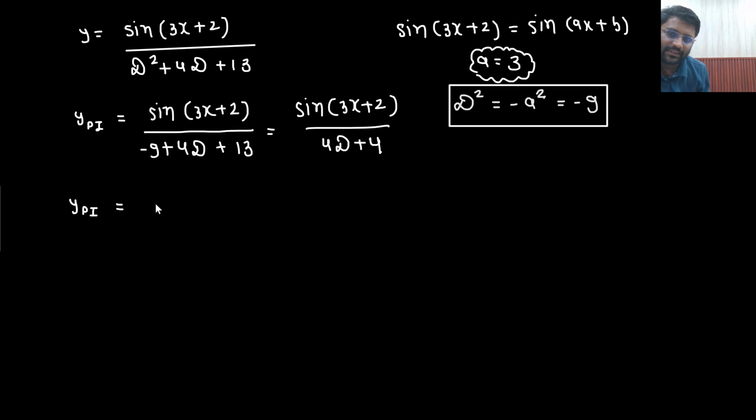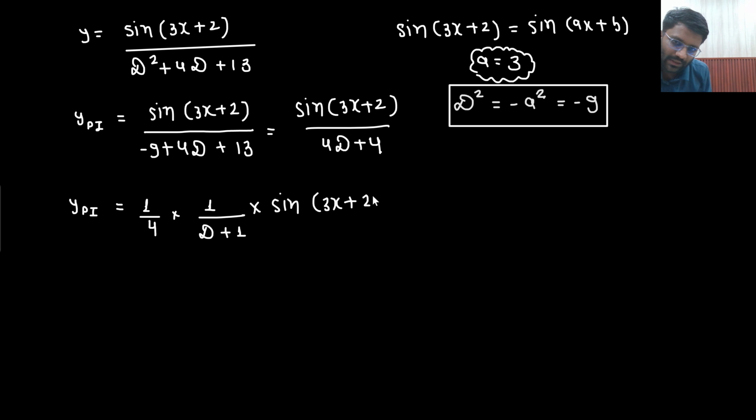I will simply take 1 by 4 outside, since 4 I can take common. So I have 1 by 4 times 1 upon (D plus 1) into sin(3x plus 2). Now I know that D square can be replaced with minus 9, but here I am having D. So how do I get D square?